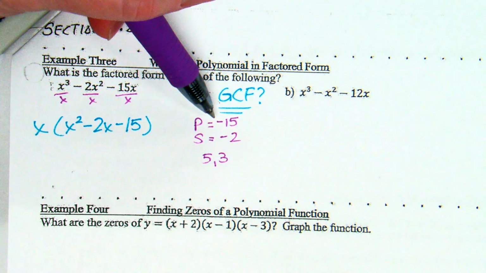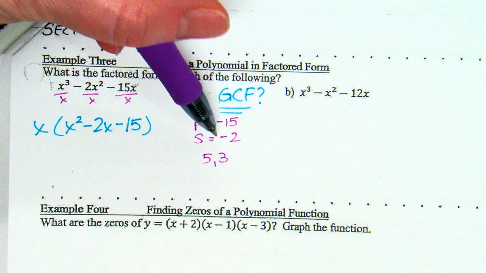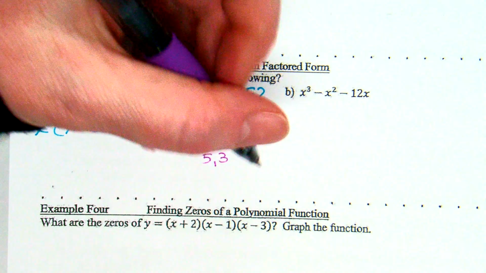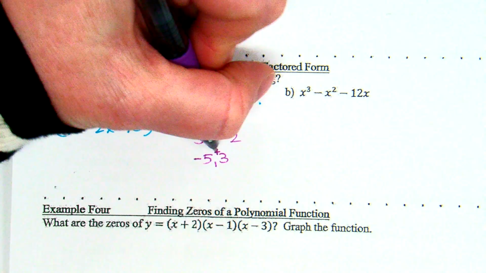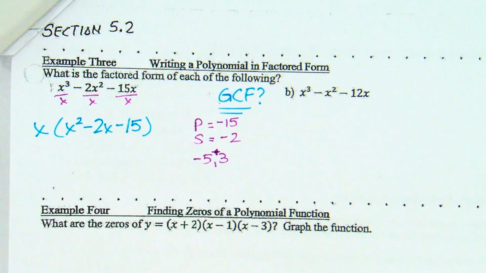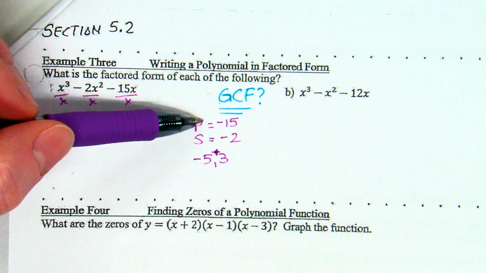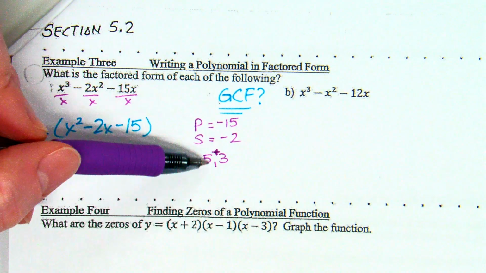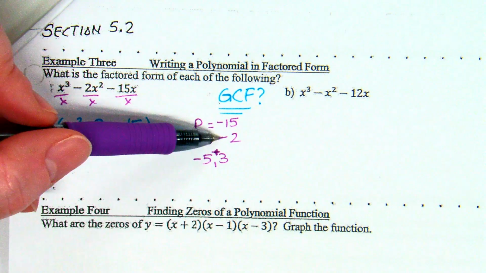Multiplies to be negative, so I need a positive and a negative. Adds to be negative, so larger number negative, smaller number positive. And guys, here's your check. Right there, you've got the numbers listed. Negative 5 times 3. Is that negative 15? Yes. Negative 5 plus 3. Is that negative 2? Okay, so that checks.